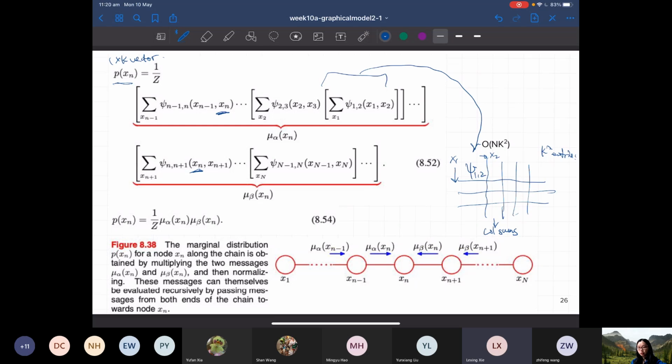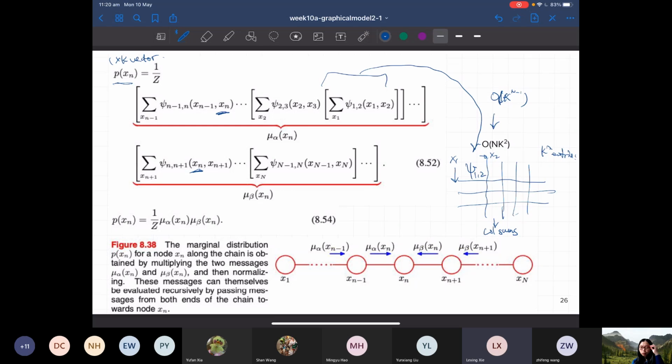Therefore, there are roughly n of them. So the complexity of doing so is n times k squared. So we've solved this case. And going from exponential in k to k squared is pretty good in terms of computation.